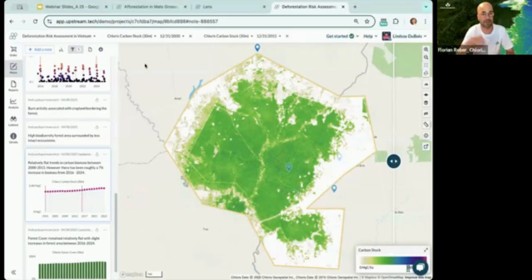Given what we said in the beginning about the carbon history and the type of carbon data, also with forest non-forest views and how you see that in the Chloris data, that gives you a fully independent outside-in view on how at risk the project is. And I think that is one factor.